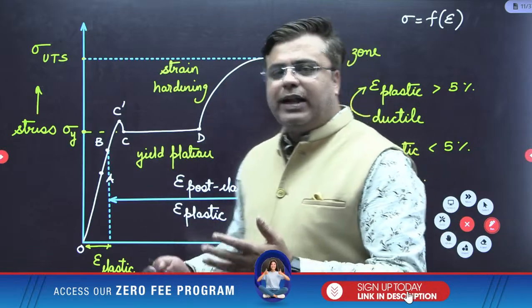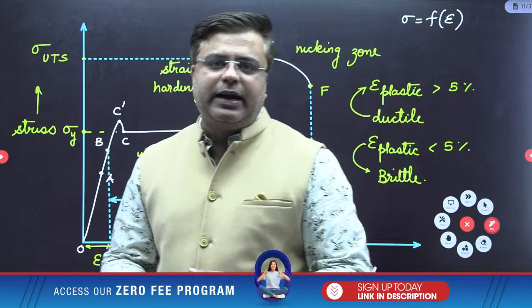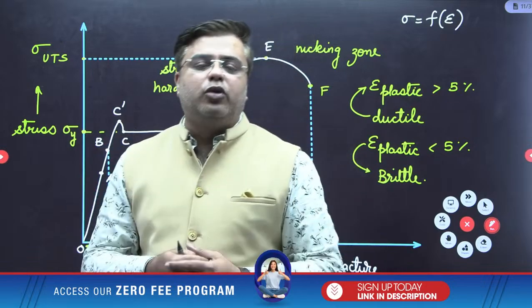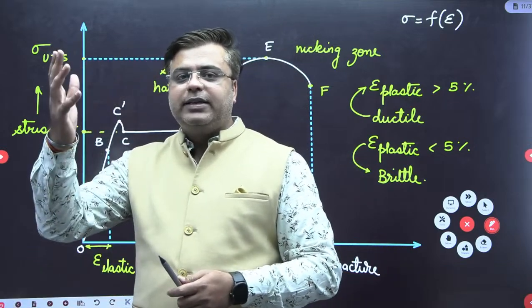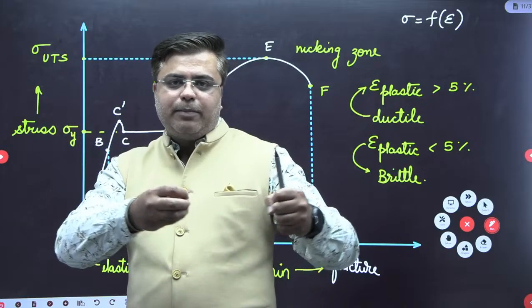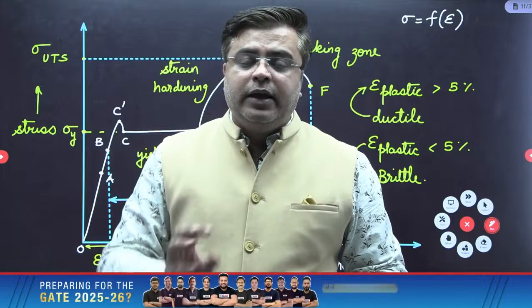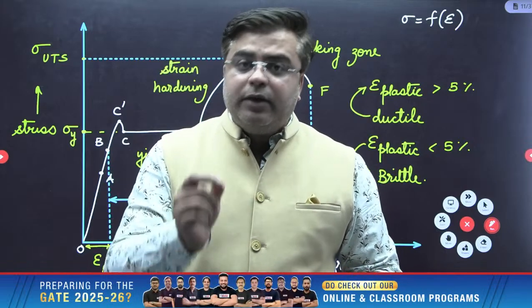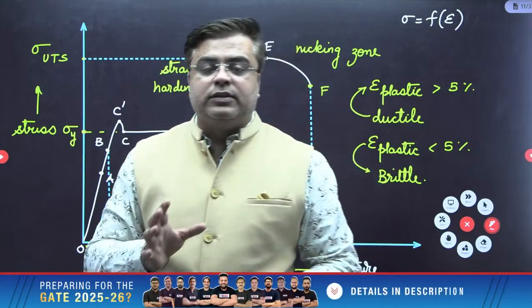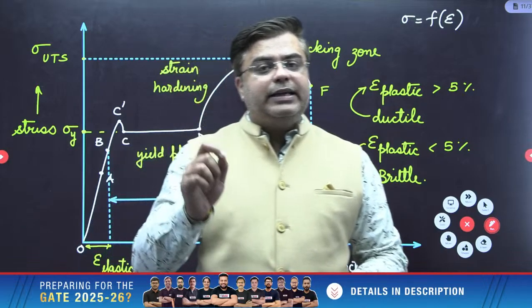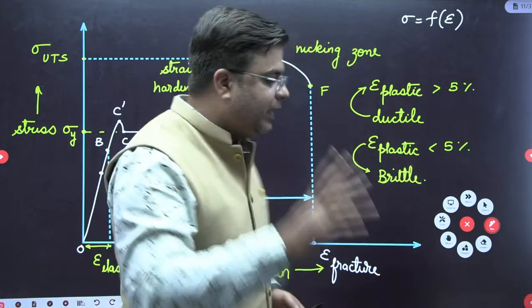Sometimes while teaching I give this example: out of steel and rubber, which one is more elastic? Our mind starts thinking that in rubber if I apply the load it will elongate easily. No my dear, that is not elasticity. Elasticity is measured by the value of Young's modulus. Whichever material has the highest value of Young's modulus will be highly elastic.